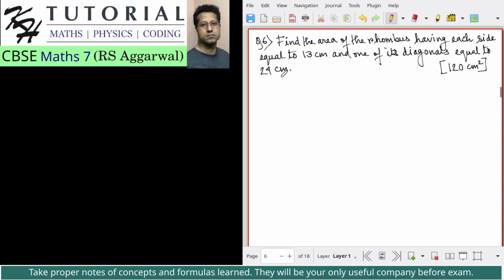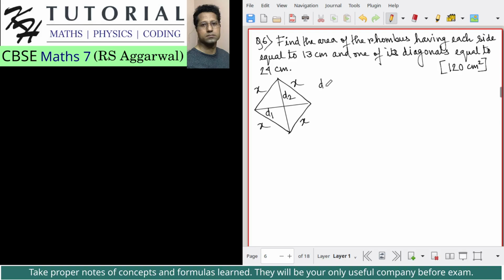So we know that for a rhombus, let's say this is the rhombus, the length of each side of the rhombus, let's say it be x and x, and the length of one diagonal be d1, the length of the other diagonal be d2.